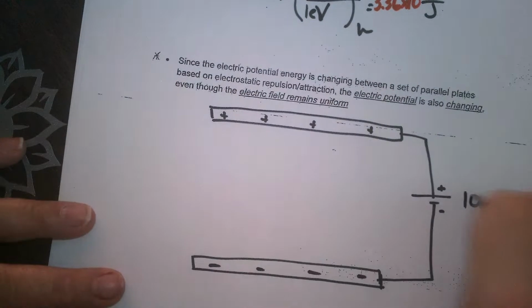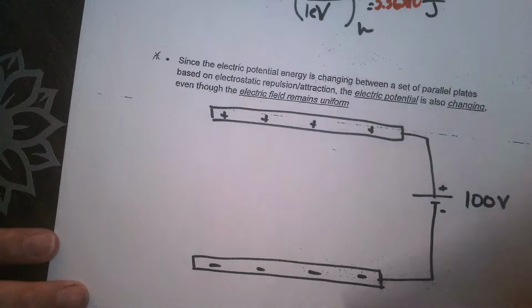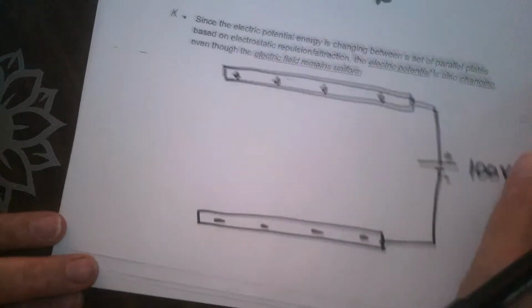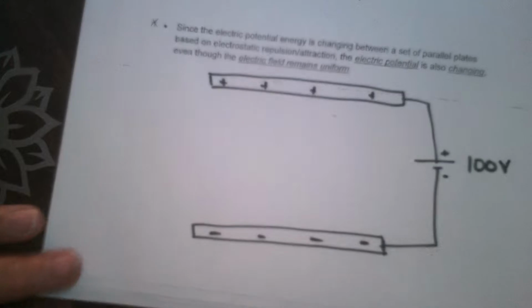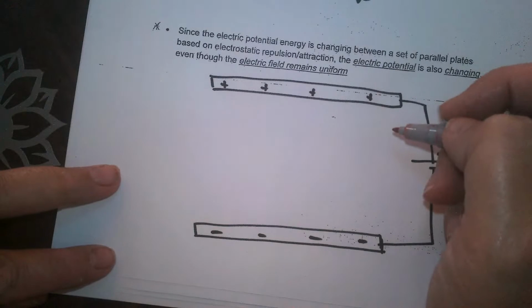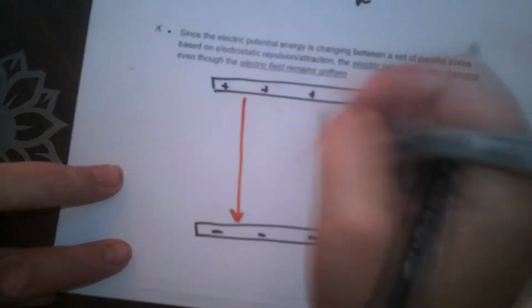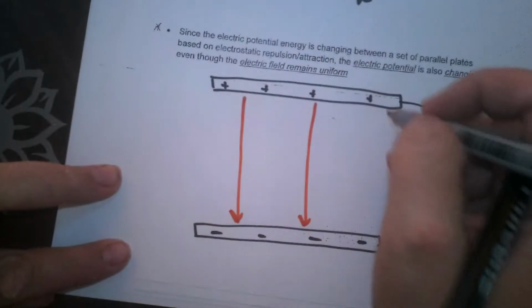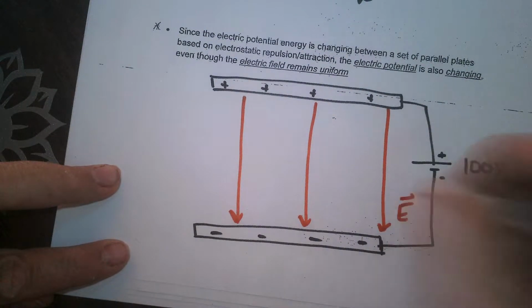Okay, so there's 100 volts going through this power source. Which way is my electric field strength going? Towards the negative. Okay, this is my electric field strength.